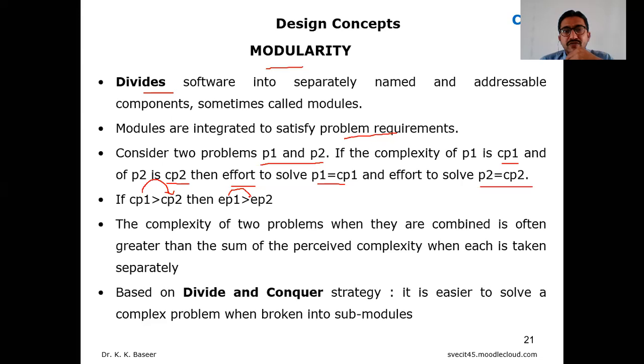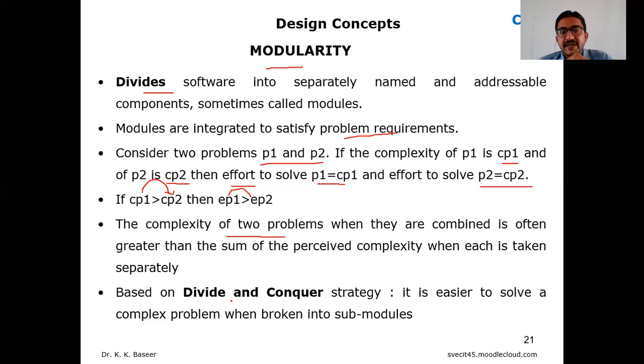To reduce this, we can divide the total problem into many subdivisions, many separations, up to how comfortable or flexible it is to solve that problem. That much you can go ahead.